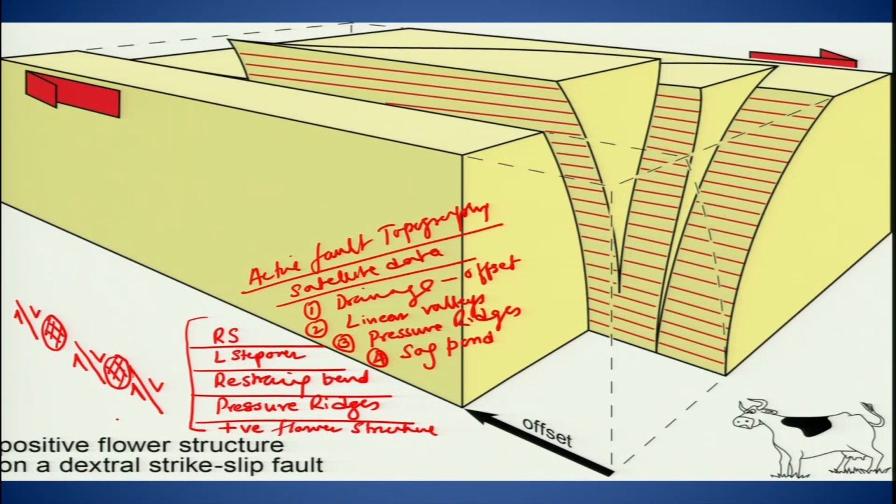So with this I will stop here, and now we will continue with the same topic, strike slip faults, but we will look at a case study from Northwest Himalaya, where we did paleoseismic studies along the Kangra Valley fault. Thank you so much.